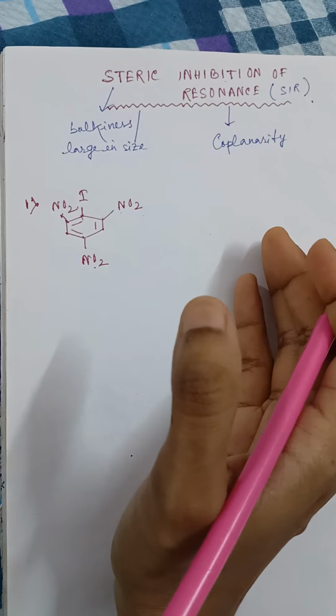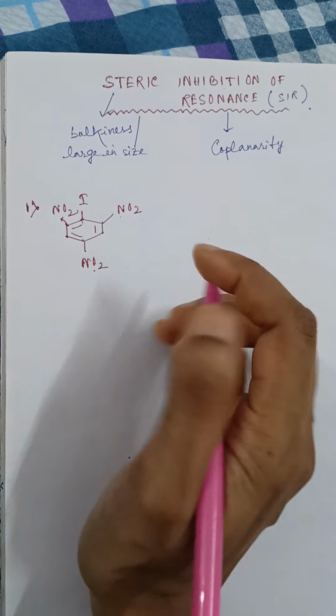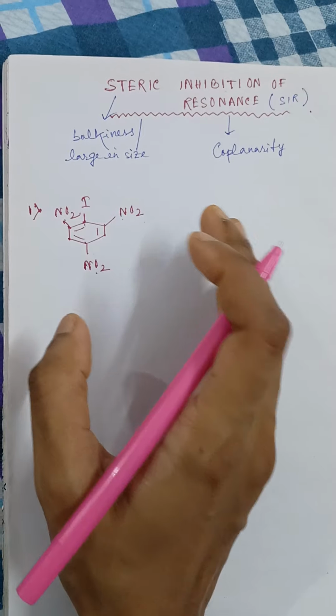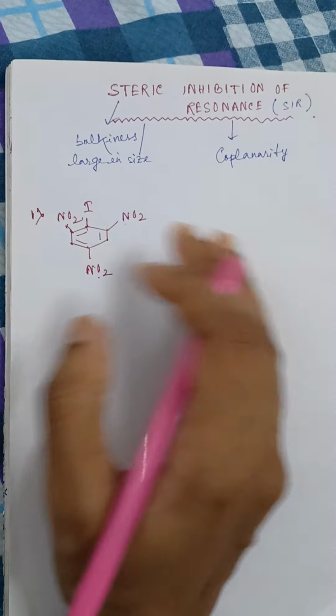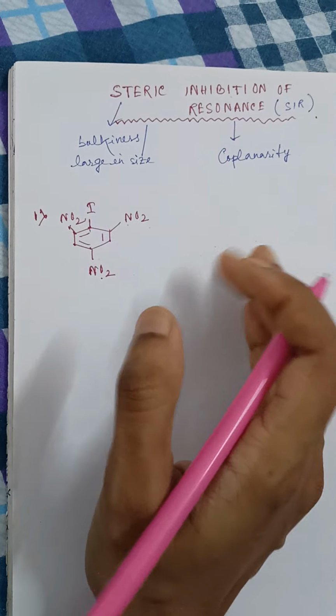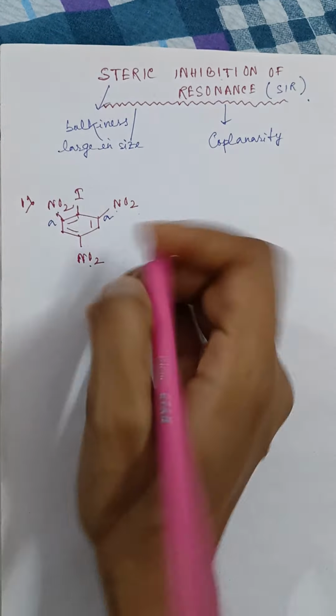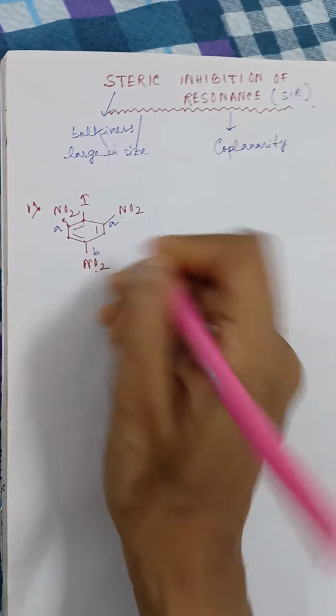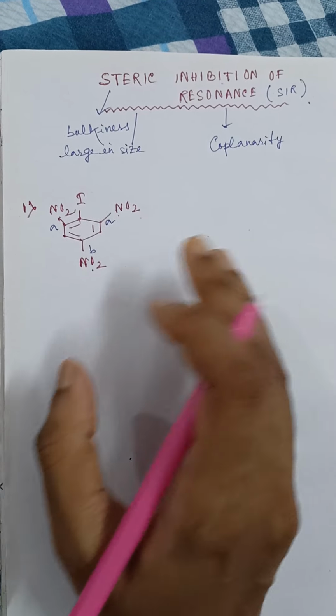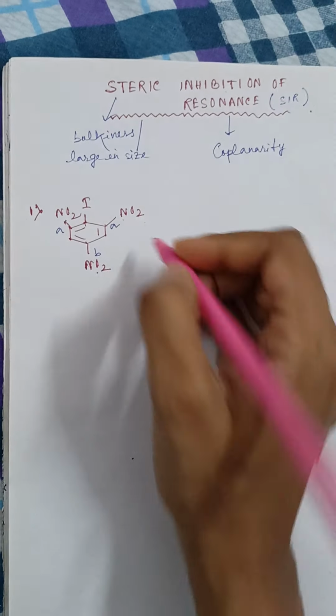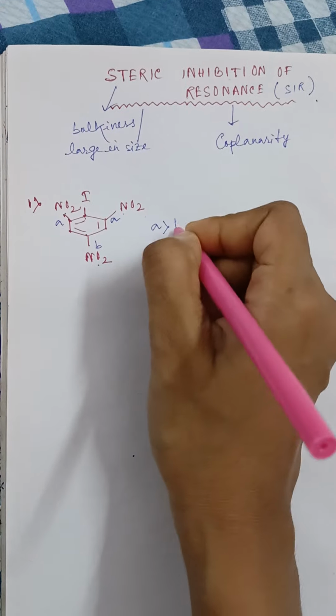So this might look symmetrical, isn't it? Now, experimentally, it was found that there are two different types of C-N bond length. These two bond lengths are the same, but this bond length is different. And it is experimentally found that bond length A is greater than B.